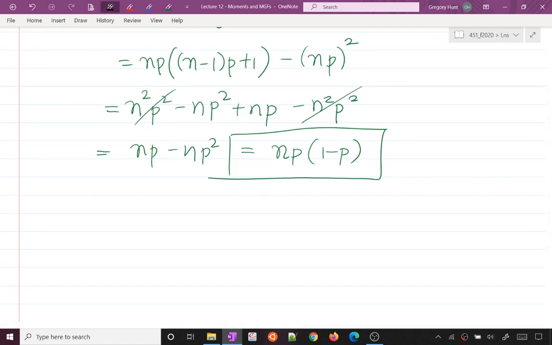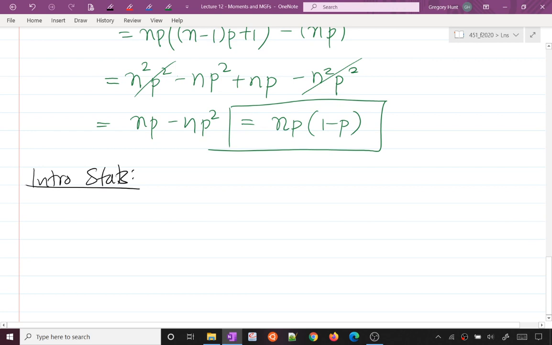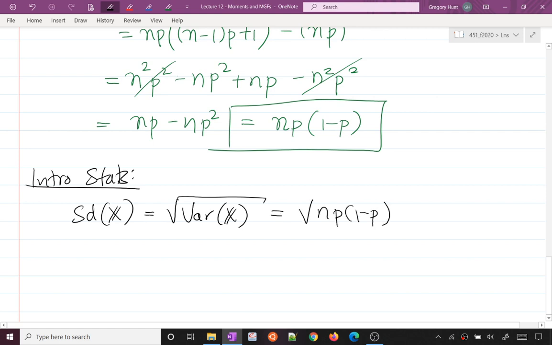This might seem familiar. In intro stats, you often saw things that looked like, for example, the standard deviation of x, which you would just define as the square root of the variance of x. This would be root np times 1 minus p.